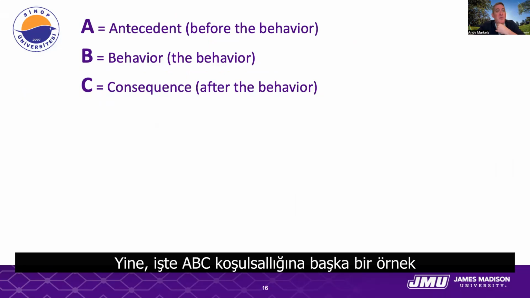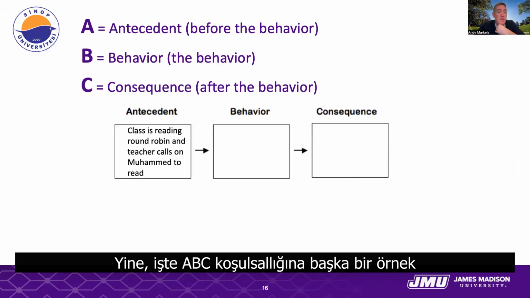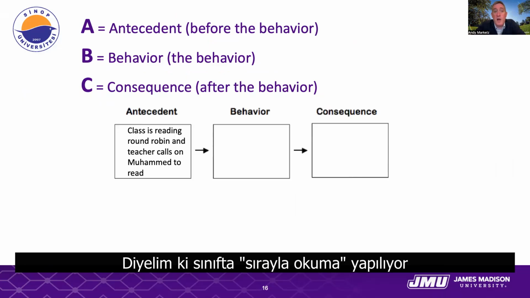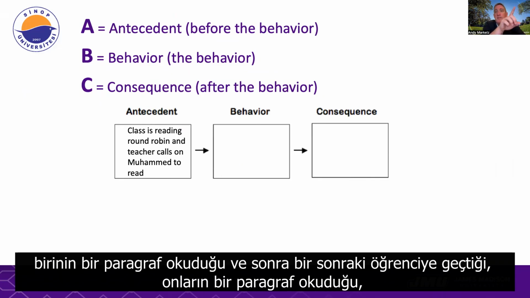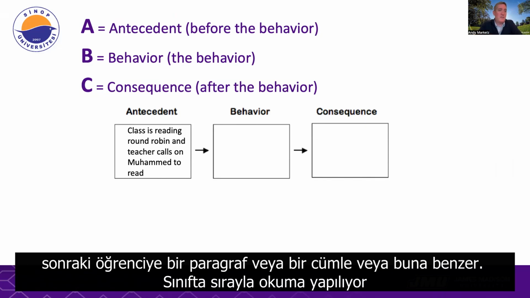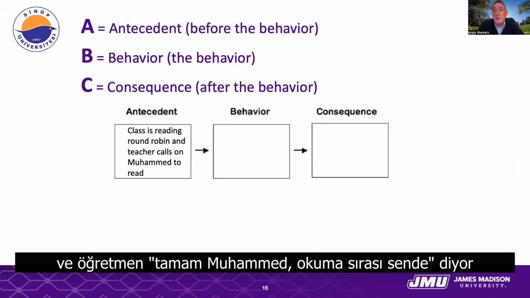Again, here's another example of the ABC contingency. The class is reading round robin, right? Where the class is reading a paragraph, and then it goes to the next student. They read a paragraph or a sentence or something like that, and go to the next student. So the class is reading round robin, and the teacher says, "All right, Mohammed, it's your turn to read."